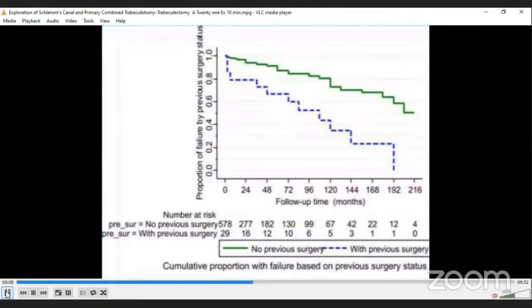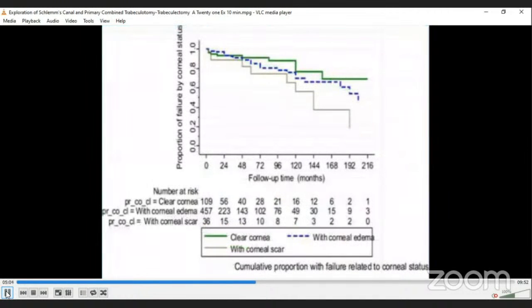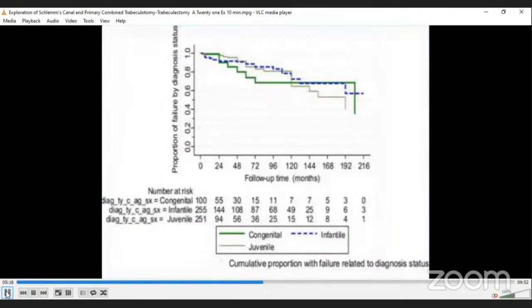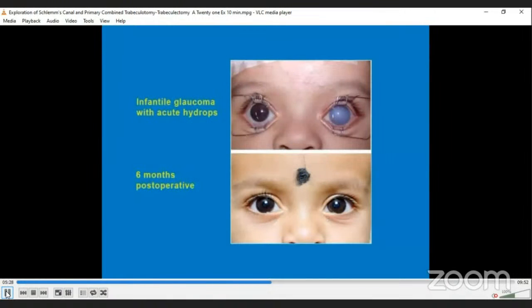Patients who were operated by us as a primary surgery, the success rate is better, and patients who had clear cornea had better surgical outcome. In patients where surgery was performed on congenital or true congenital onset within 1 month of birth, the success rate is relatively poorer compared to the infantile and juvenile onset glaucoma.